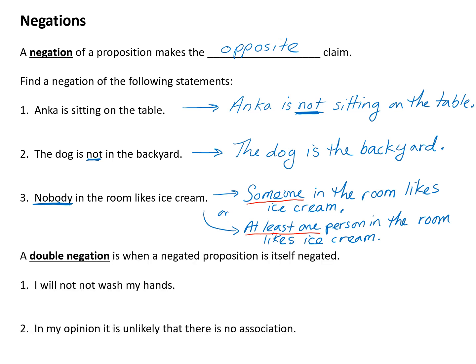All right, the other thing I want to mention related to negations is a double negation. Double negations are fairly common, and a double negation is when a negated proposition is itself negated. For example, I will not not wash my hands. We often use double negations when we really want to emphasize we're going to do something. Here, I'm trying to emphasize that I will wash my hands.